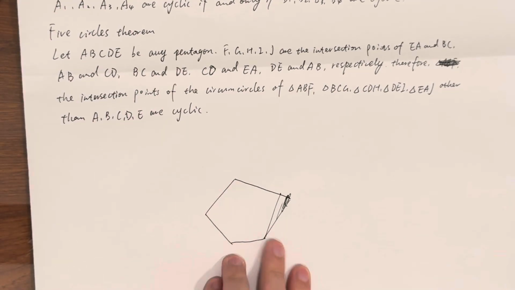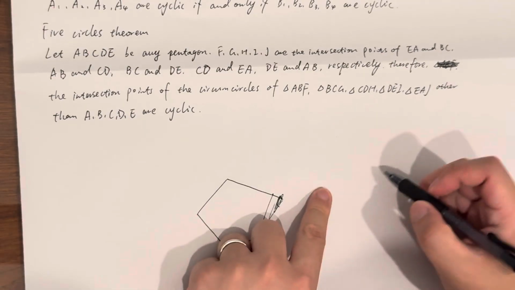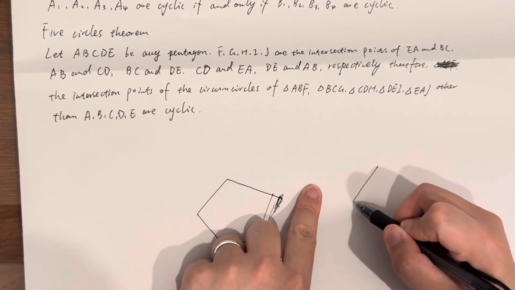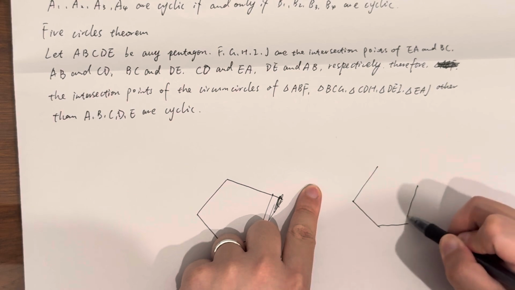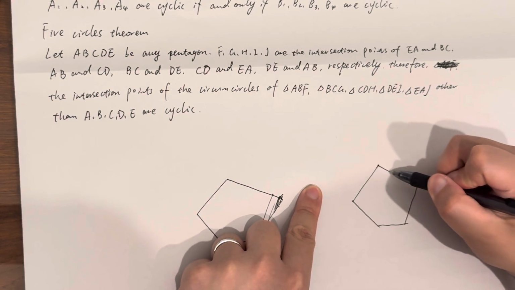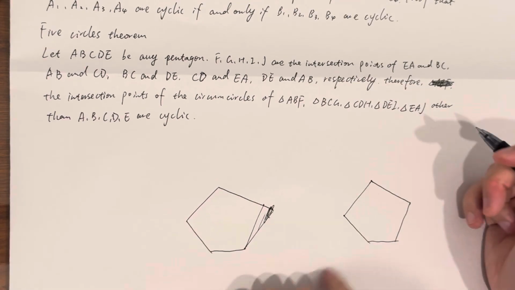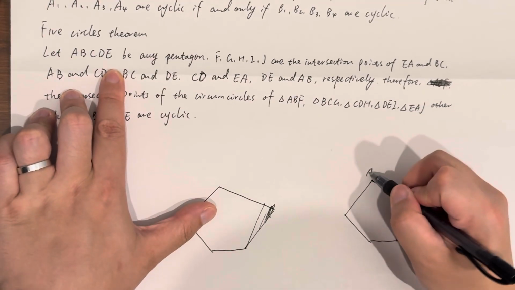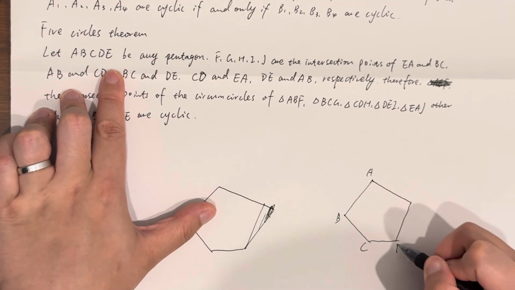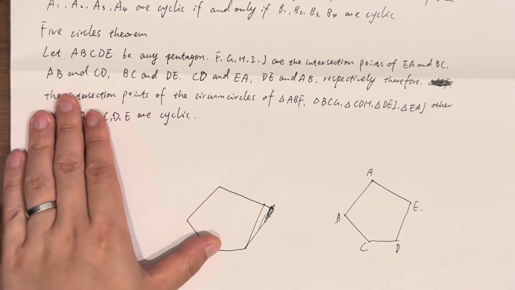Let me redraw it, because this figure needs to be very careful, otherwise you would see a very huge figure here. Okay, this is better. Okay, that's A, B, C, D, E we have. Right?